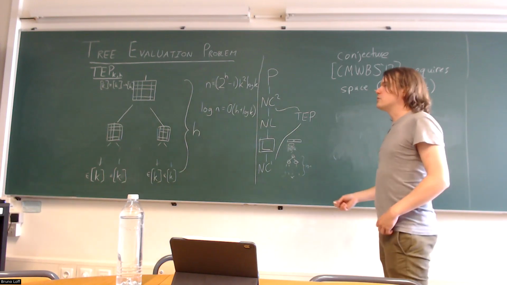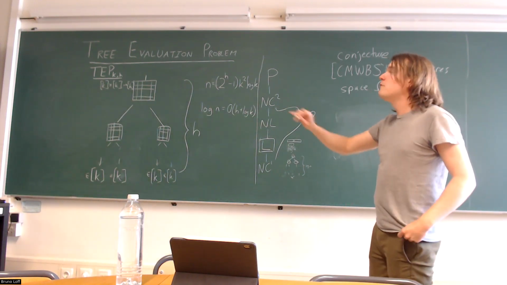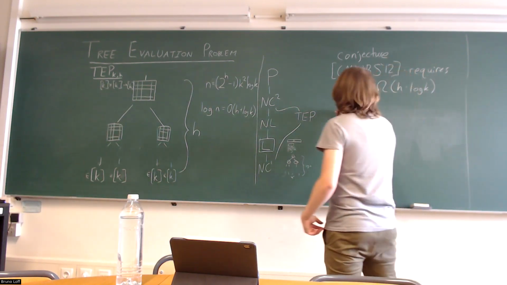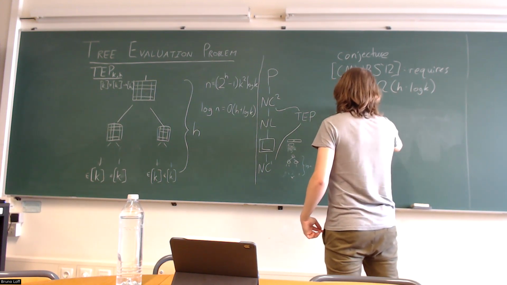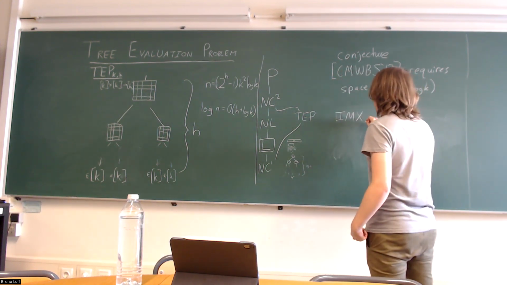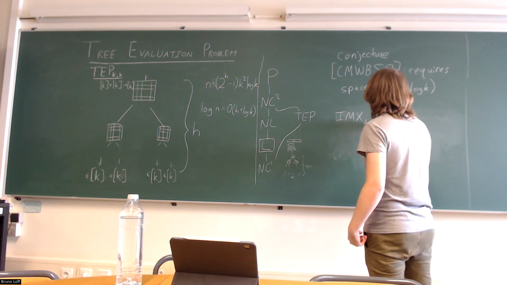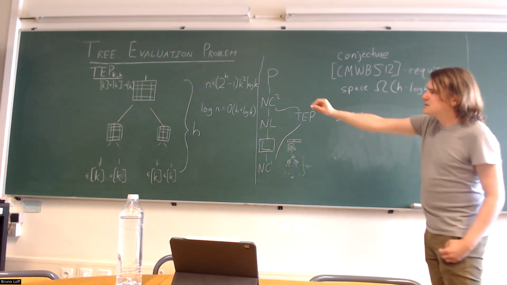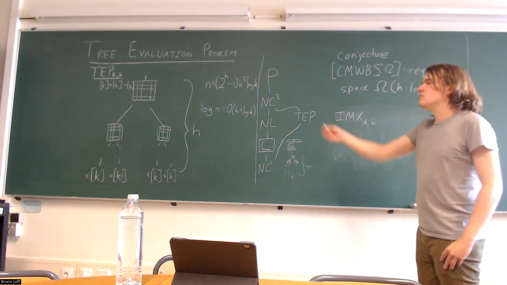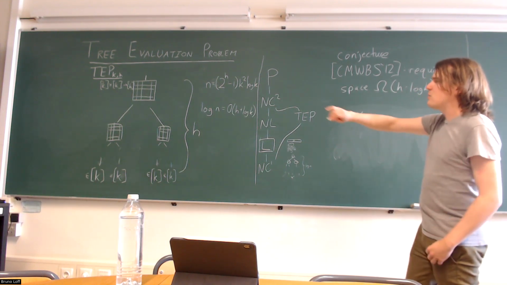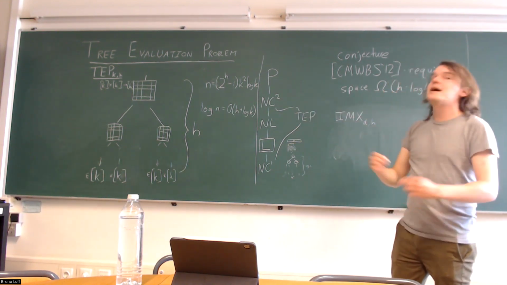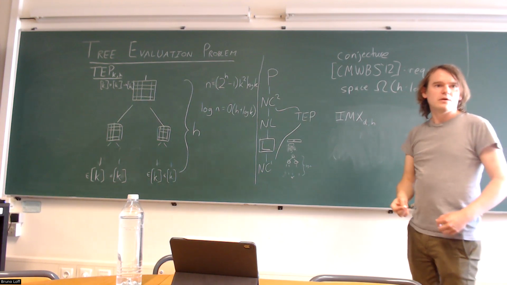This has been studied in the literature before in the case where the alphabet size is fixed. There's a problem called the iterated multiplexer problem, which is parameterized by a fan-in D and a height H. It's the same thing there, but fix K to be 2, and now all of your matrices are specifying an entire function on D bits.